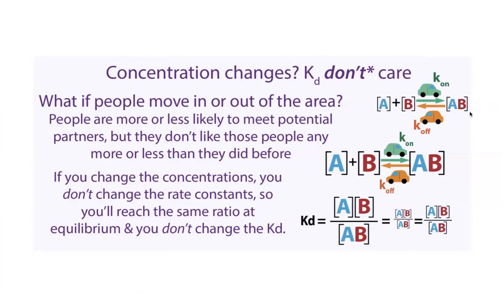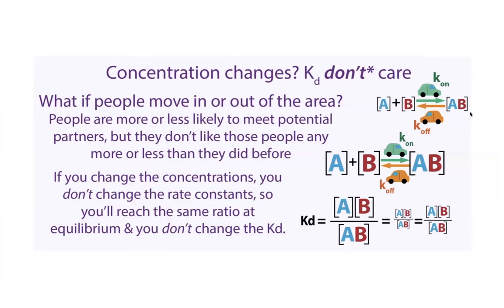But you don't like those people any more or less than you did before. And so KD isn't going to depend on the concentration. You're not changing those rate constants, so you'll reach the same ratio at equilibrium, and you don't change the KD based on the concentration. But you are going to change the amount that you find bound of those partners, just not the ratio of them.